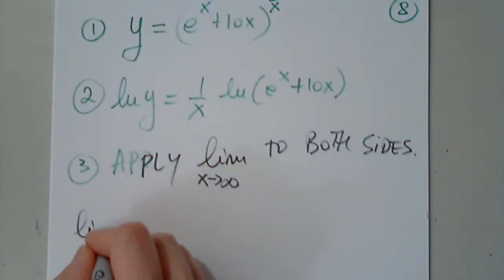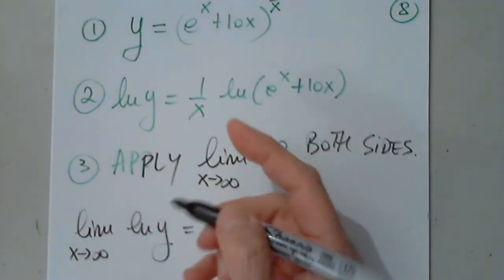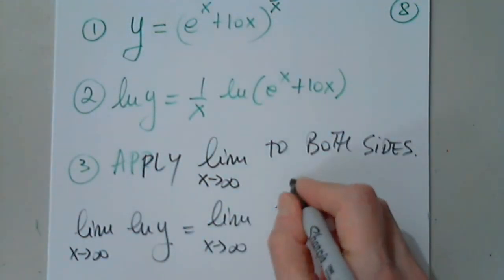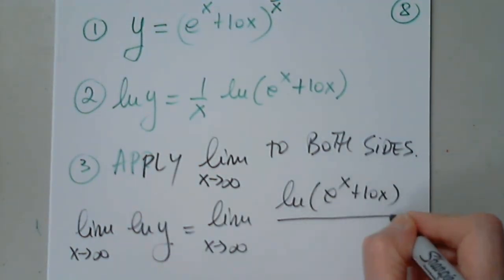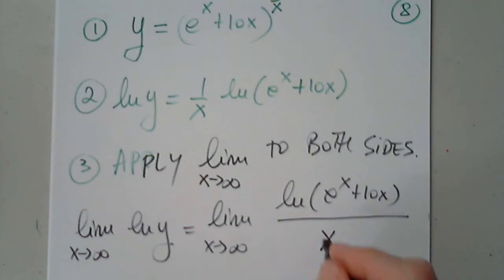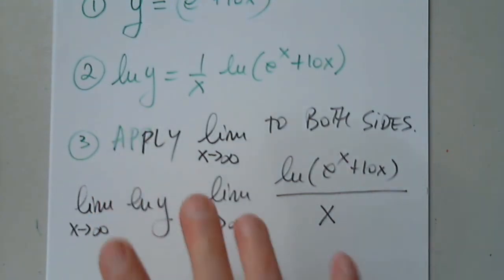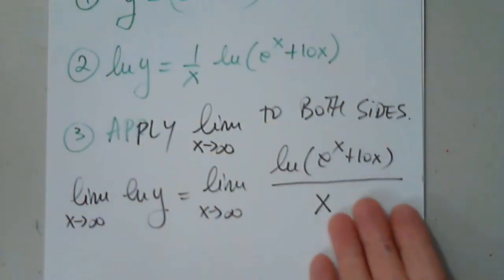So we have the limit as x approaches infinity of natural log y equals the limit as x approaches infinity, and I'm going to write it as natural log of (e^x + 10x), everything over x. So yes, we're not asked to find the limit of the natural log, but for now, bear with me. What are we doing next?